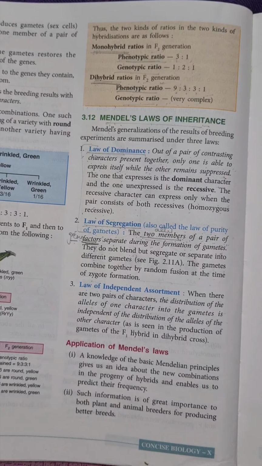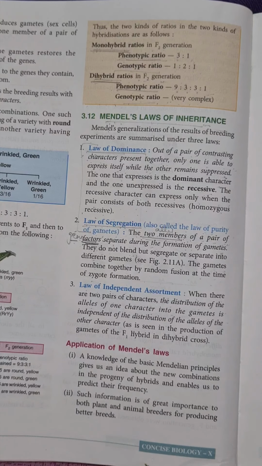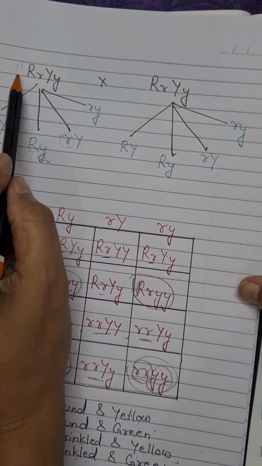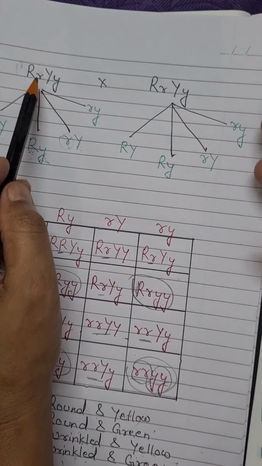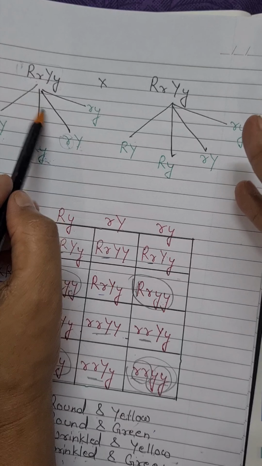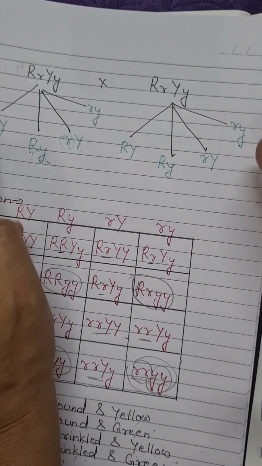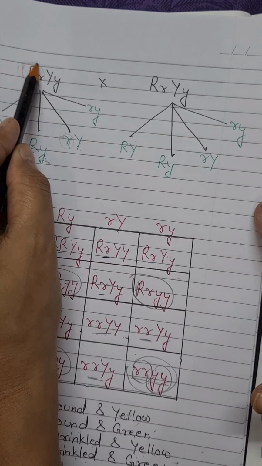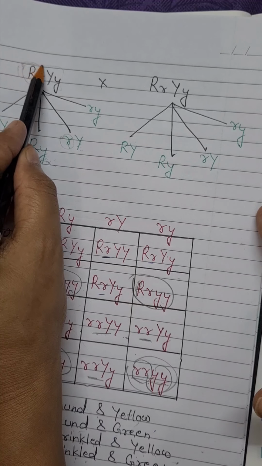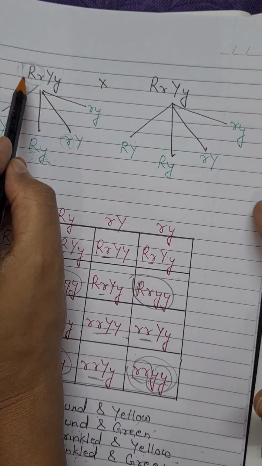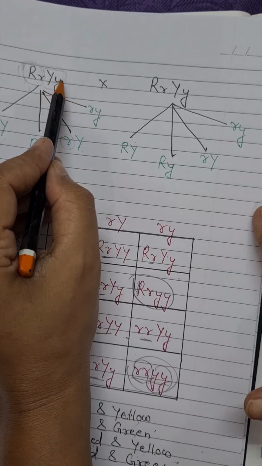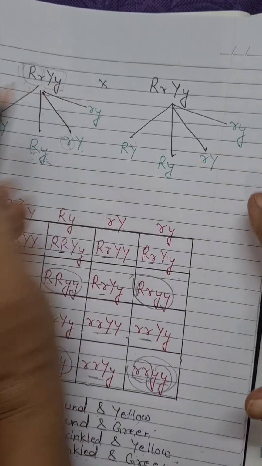Already during the explanation of dihybrid cross, I had explained this thing also, that when two or more than two characters are taken at one time during a cross between two plants, then the allele for the first gene or for the first character is independent of the allele for the second character.